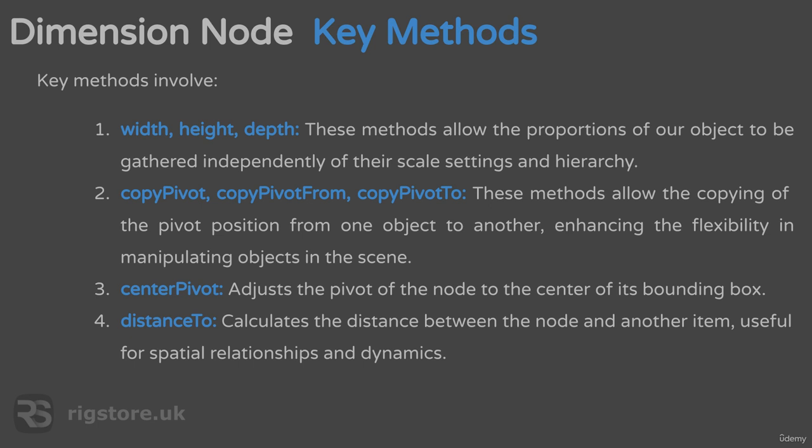The copy pivot from and copy pivot to methods allow the copying of pivot positions from one object to another, enhancing the flexibility in manipulating an object in the scene. Centering the pivot just adjusts the pivot to being at the center point of the bounding box. With distance to, we calculate the distance between the node and other items, which is useful for spatial relationships and dynamics.